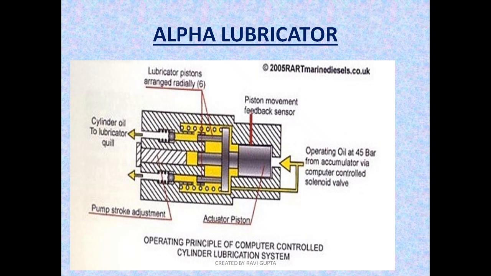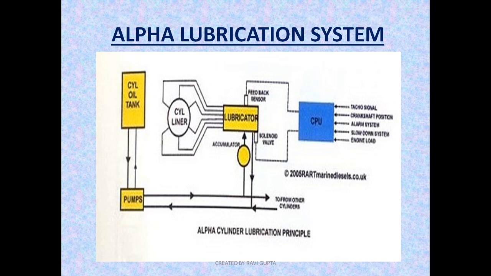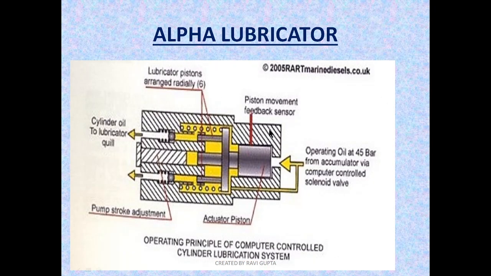As you can see, this is the lubricator unit, which I am going to show you. The oil is coming from the pump at a pressure of 45 bar, and this is the actuating piston.